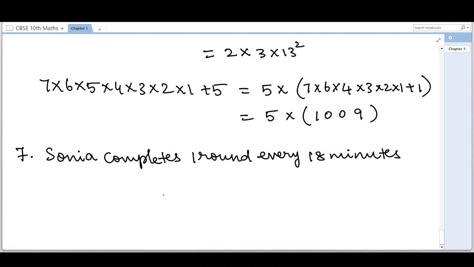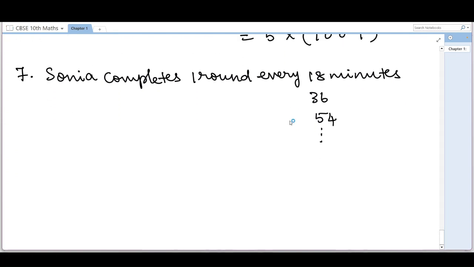So she could complete the second round in 36 minutes, third round in 54 minutes, etc. Similarly, Ravi could complete one round every 12 minutes.